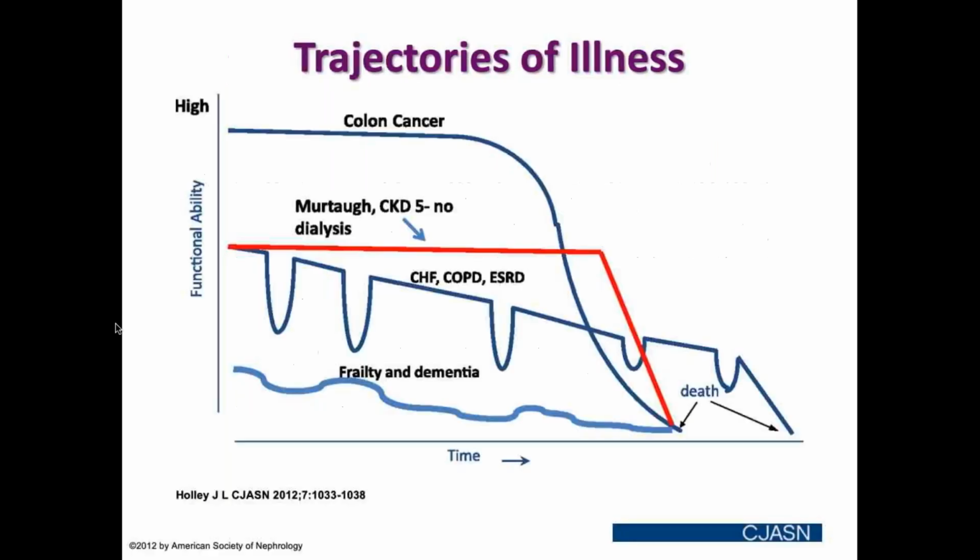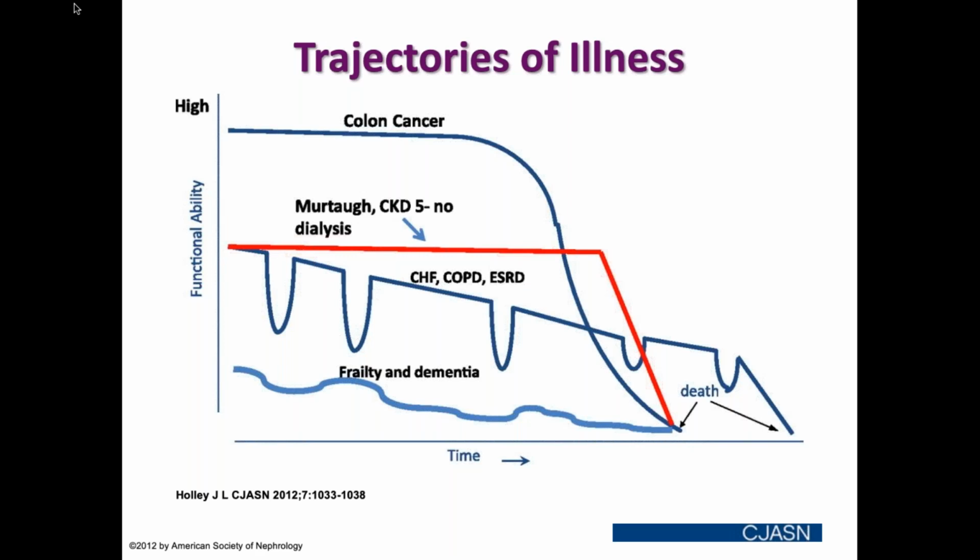Now, let me show you this graph, which was published a few years ago in the Clinical Journal of the American Society of Nephrology, of the trajectories of various kinds of illnesses. On top, you see the trajectory of a kind of illness typified by colon cancer, in which the individual starts with a relatively high functional status, shown here in the top line.